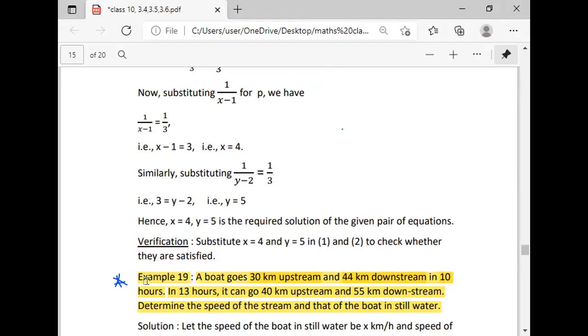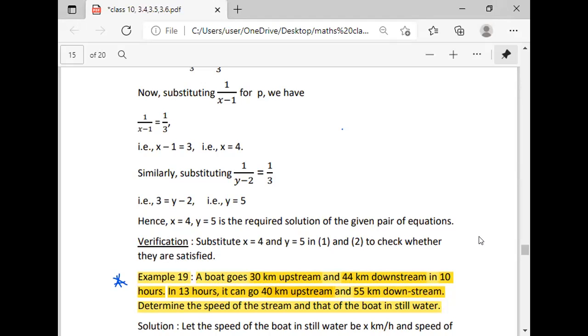And the next information: in 13 hours, it can go 40 kilometer upstream, but at the same time, it can go 55 kilometer downstream. So usually the speed of boats will be higher downstream, but lower when it moves upstream.